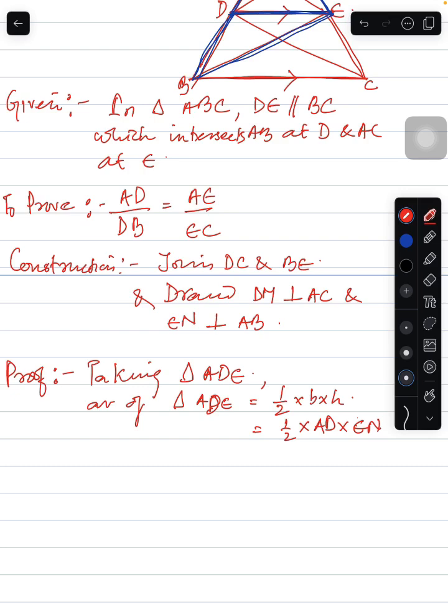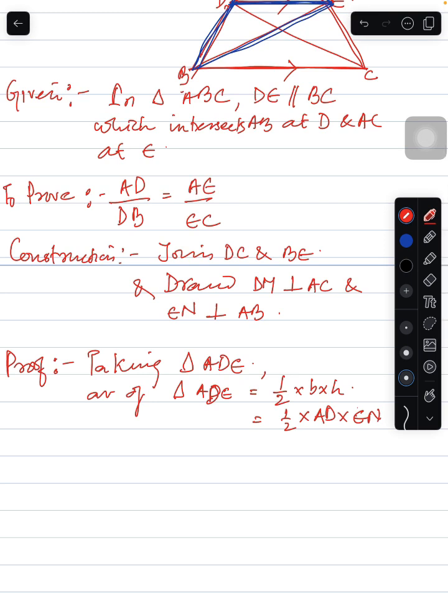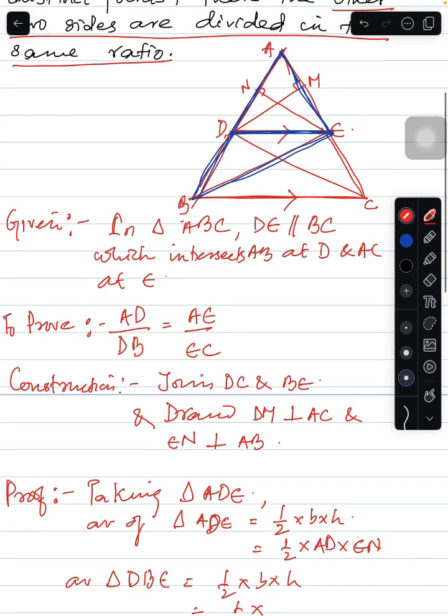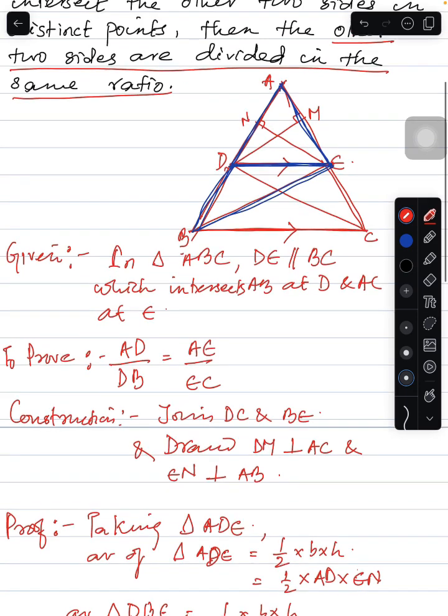Now again, take this triangle. Which triangle? DBE. Area of triangle DBE is half base into height. What is the base here? The base is DB, into what is the height here? The height is this, again.